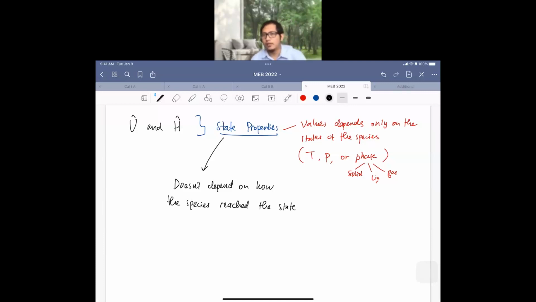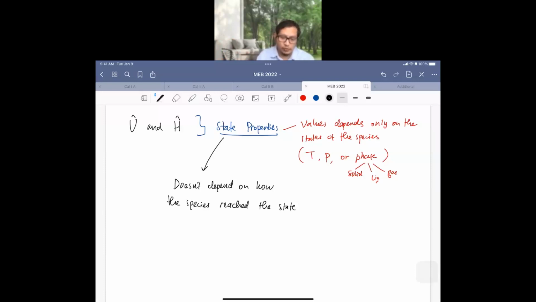So the process in between, you don't really need to care about. What you care about is you have some initial conditions and the state that specifically describes that species, and that's it.